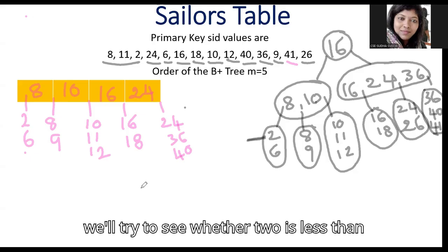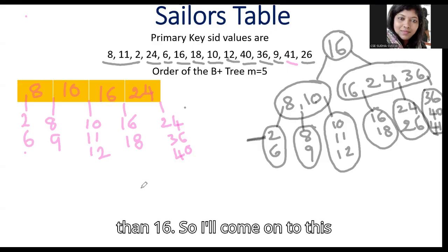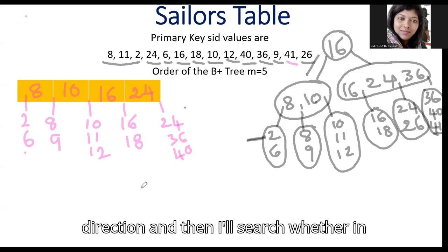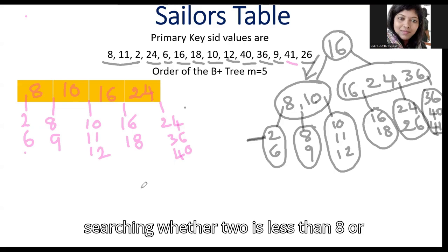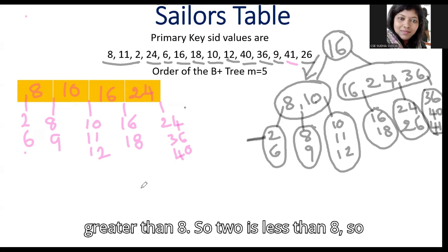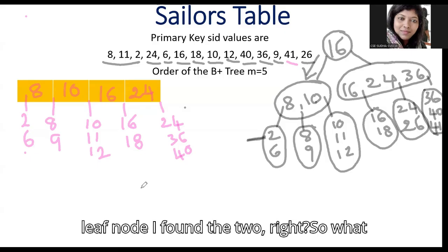We'll see whether 2 is less than 16 or greater than 16. 2 is less than 16, so I'll come in this direction, and then I'll search whether 2 is less than 8 or greater than 8. 2 is less than 8, so I come onto this side. So finally in the leaf node, I found 2.